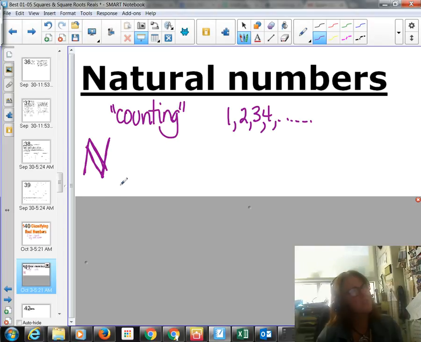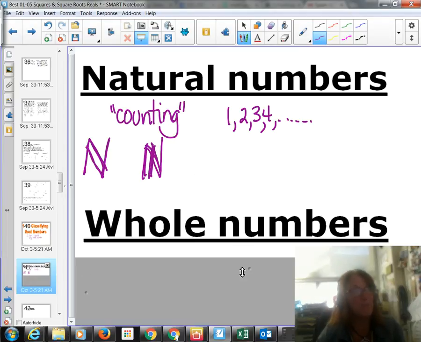Does it look like that, or does it look like this? Maybe it's 2 lines vertically like this. I'll put 2 lines everywhere. That's the capital N. That stands for the natural numbers. 1, 2, 3, 4. Okay.